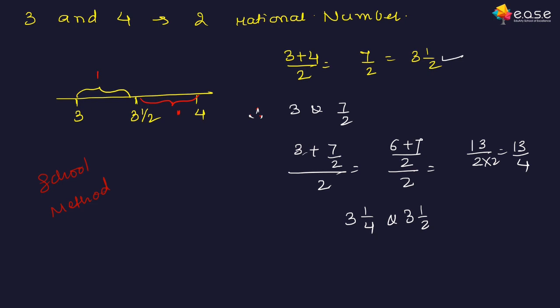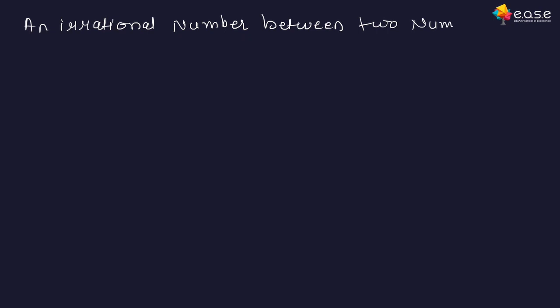Okay, now like we show two rational numbers between any two given numbers, we can also show an irrational number between two numbers. This is extremely easy.